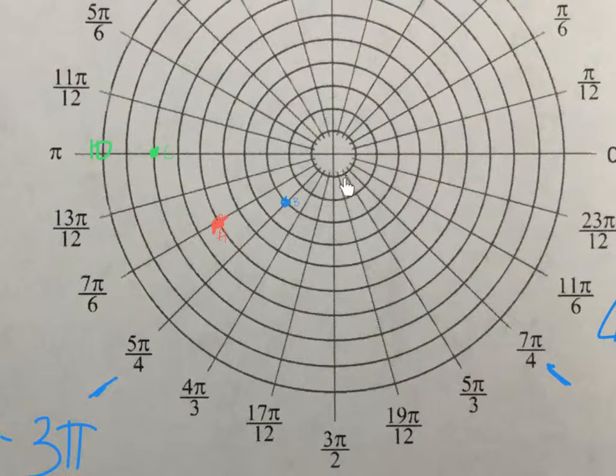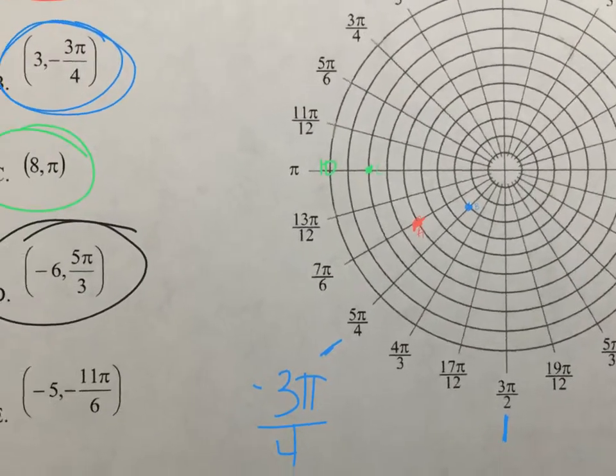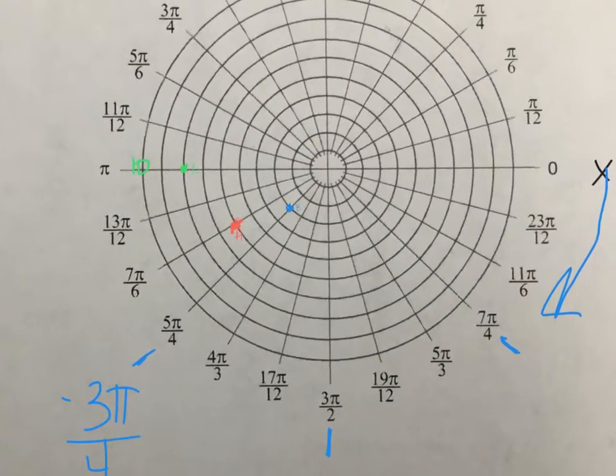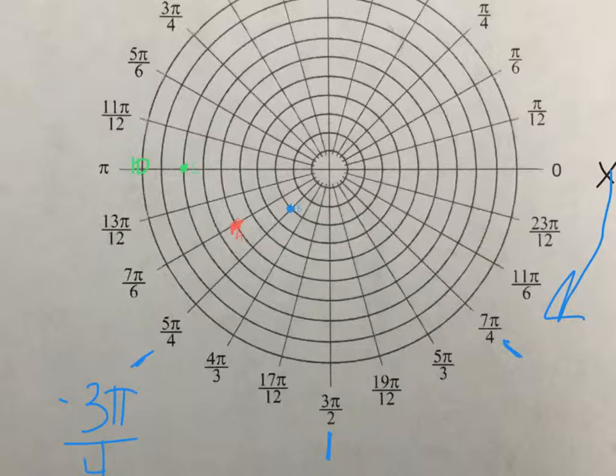So this would be positive 1, 2, 3, 4, 5, 6, 7, 8, 9, 10, and so on, coming towards this. If I have a negative radius, that means I'm going to go away from that 5 pi over 3 line. It says negative 6, so I'm going to come away from the 5 pi over 3 line.